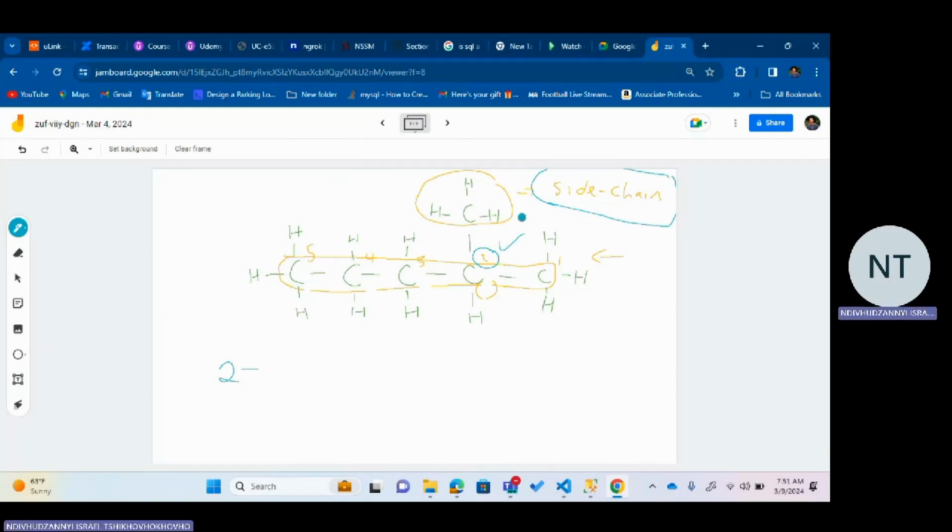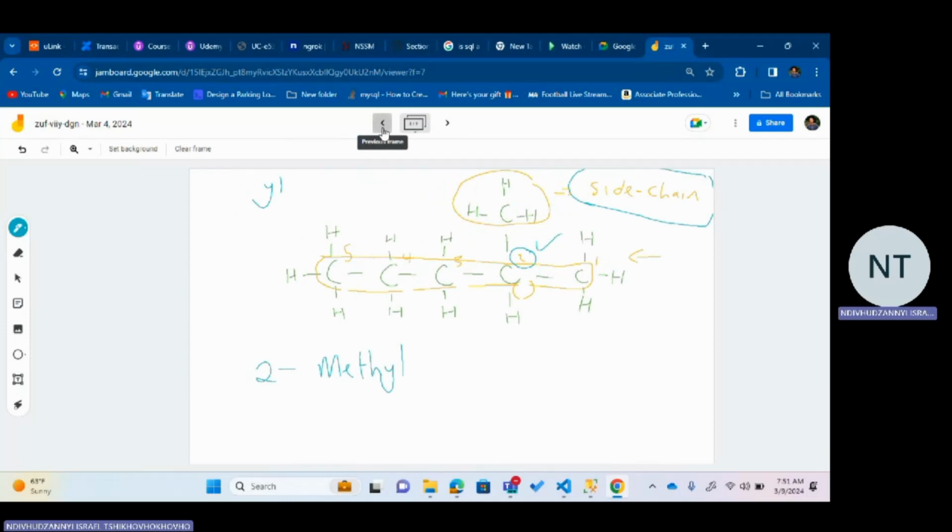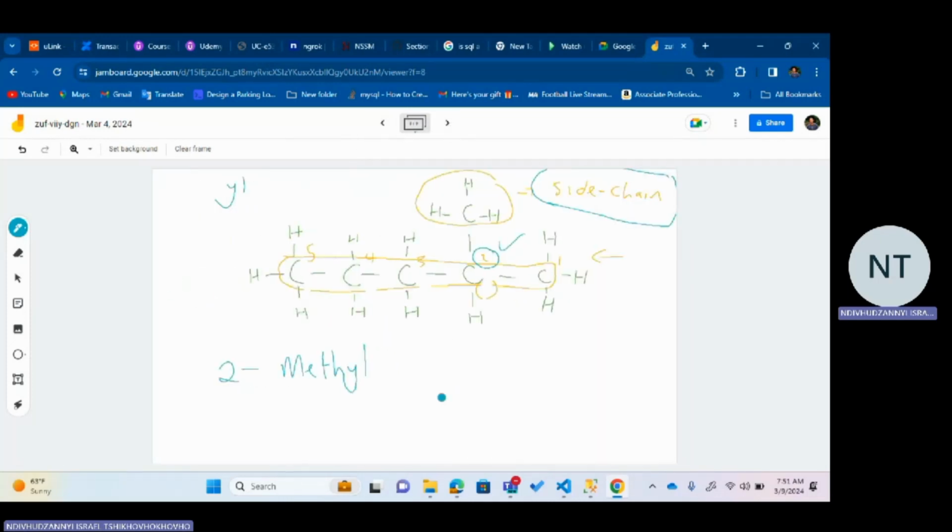If it's 1 carbon, we know it's meth-, but just because we're dealing with side chains, at the end you just have to put -yl, so it's methyl. Then we're done with the side chain; there's no other side chain in this structure. Then how many carbons do we have on the longest chain? That's very important. We have 5 carbons: 1, 2, 3, 4, 5. So 5 means pent.